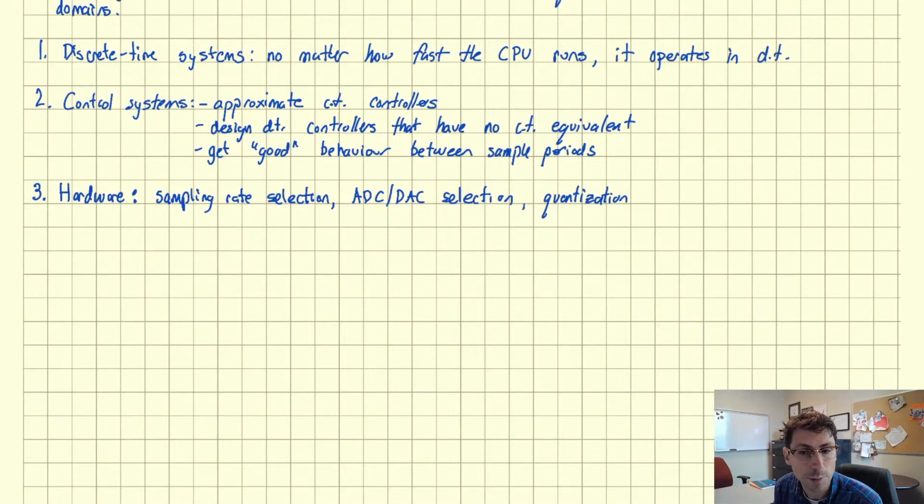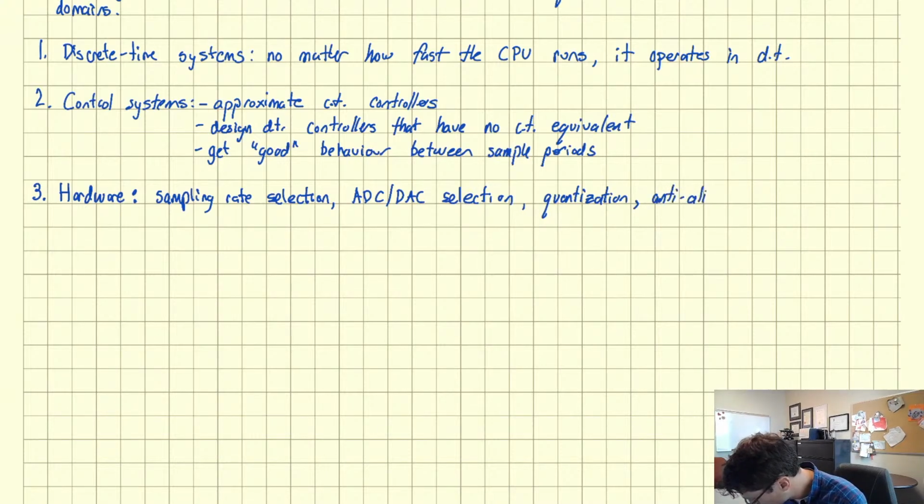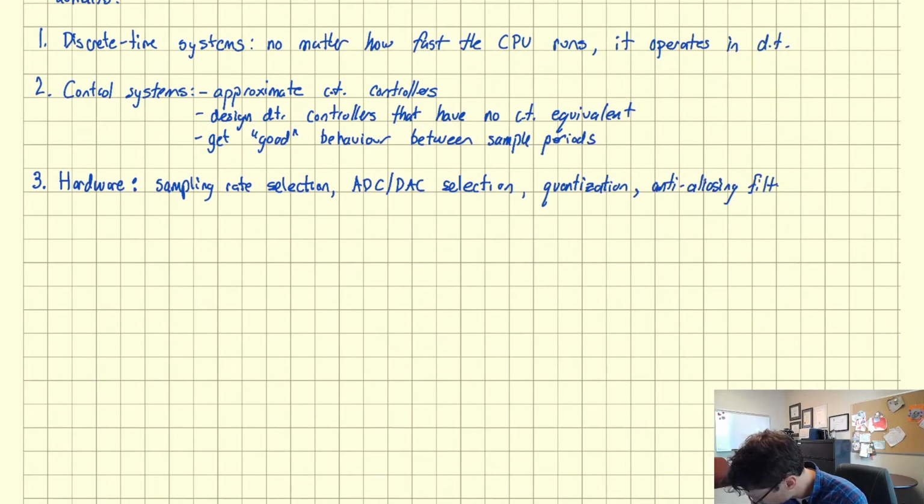That simply is about the precision when you sample something. How precise is that sample? Computers have finite precision, and so how do you deal with that? Anti-aliasing filters. If you look at the appendix of Chapter 1, we talk about, typically when you have an analog to digital conversion block, you want to have a filter in front of it to deal with the effects of sampling high frequency noise. Okay?